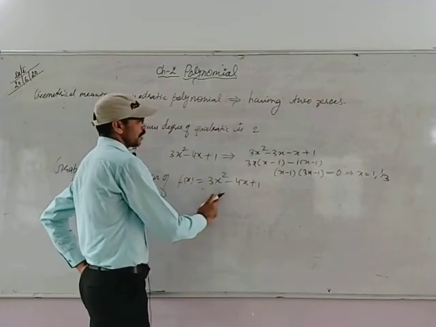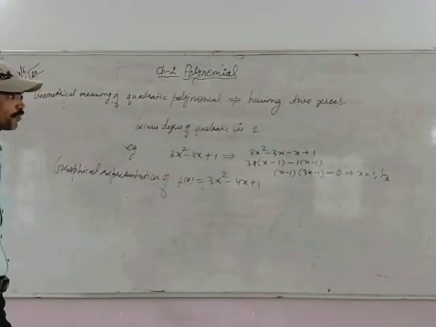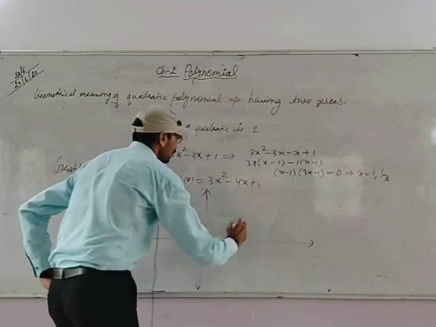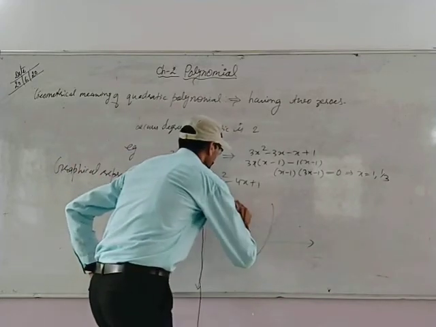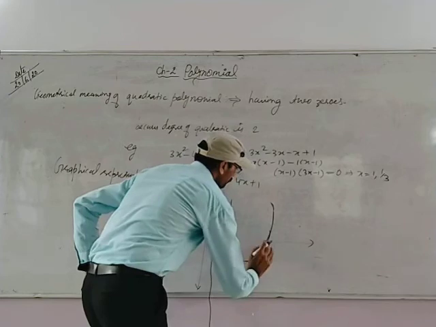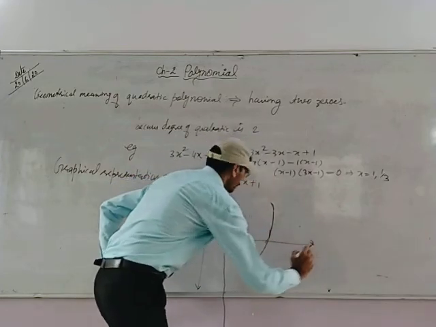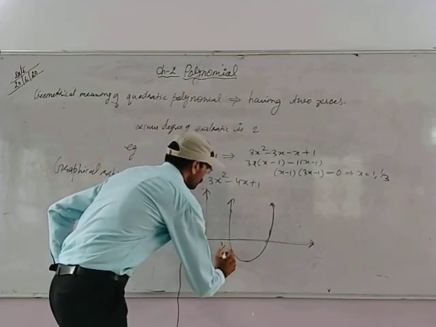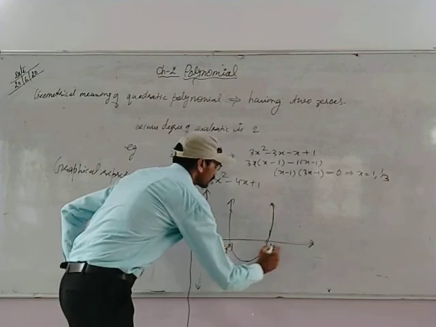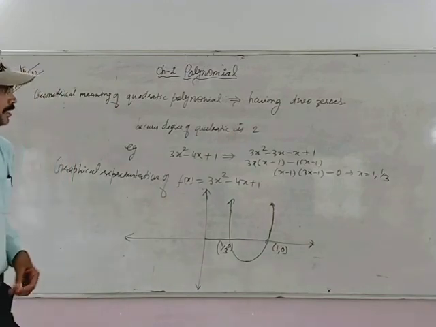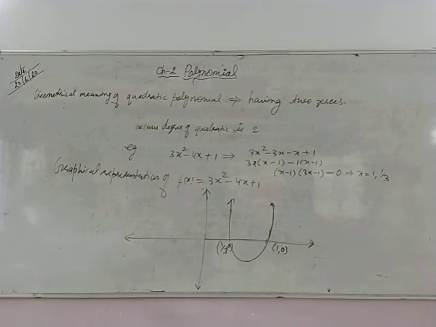So here are two zeros, 1 and 1 upon 3. The graphical representation of all quadratic polynomials is a parabola, which means the graph of a quadratic polynomial intersects the x-axis at two places.